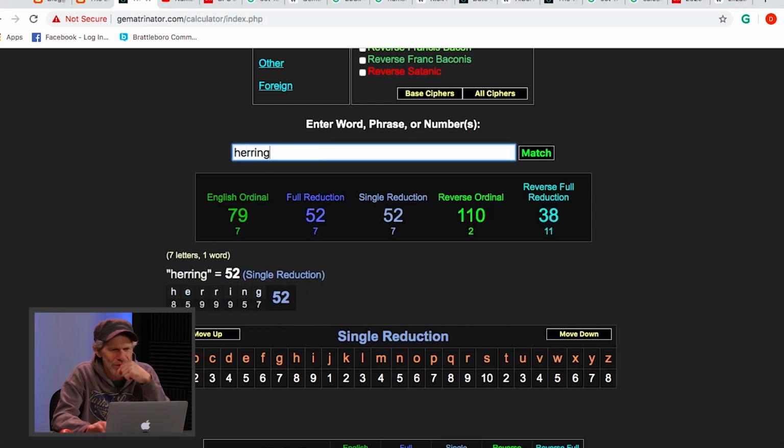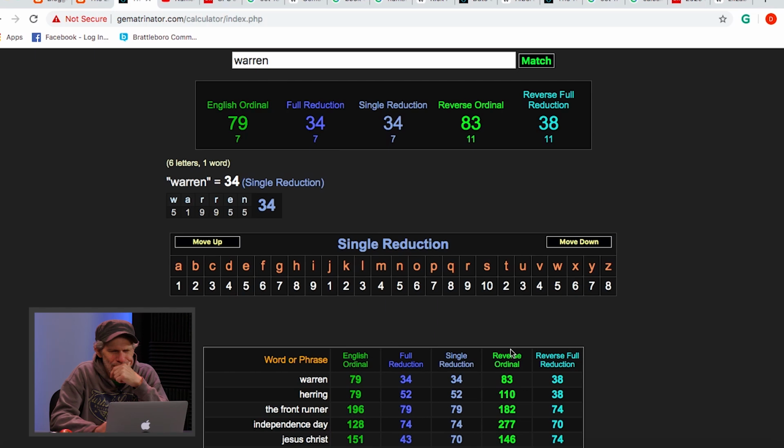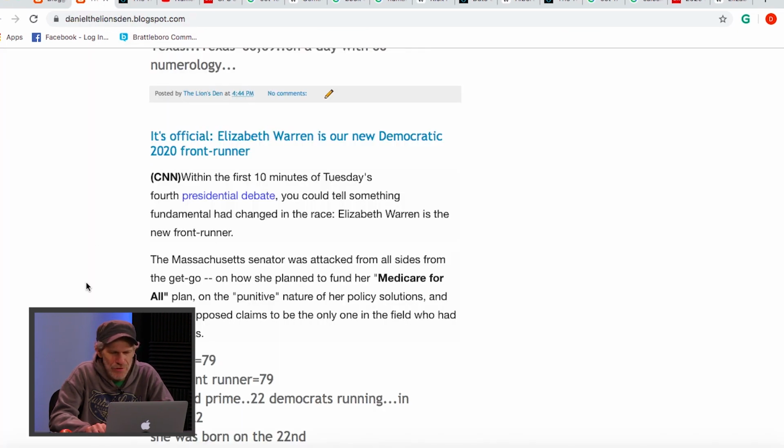Herring, also 79, just like Warren. Look at Herring and Warren. 79 and 38. The same in the English ordinal. When it hits here, it's interesting, and when it hits twice, it's doubly interesting. It's like, wow, what are the chances of it hitting twice? And sometimes it hits in all 4 ciphers. And then you got something.